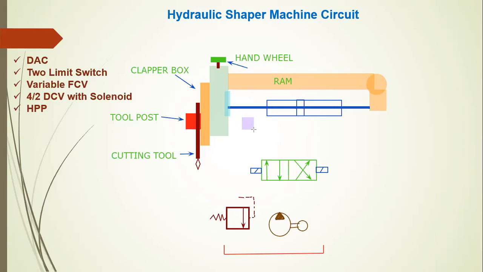Here is the first limiting switch and here is the second limiting switch. Then after, we have to connect the component parts with all the hydraulic lines.